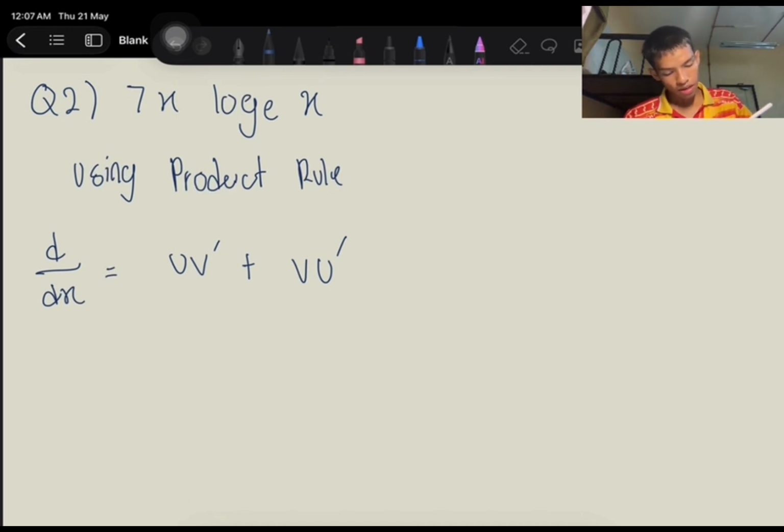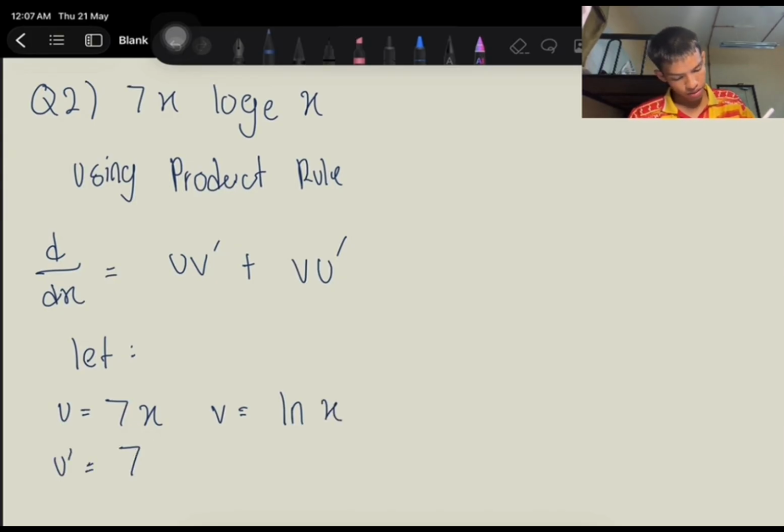So let u equal 7x, v equal ln x. Differentiating, we get u prime equals 7, v prime equals 1 over x.